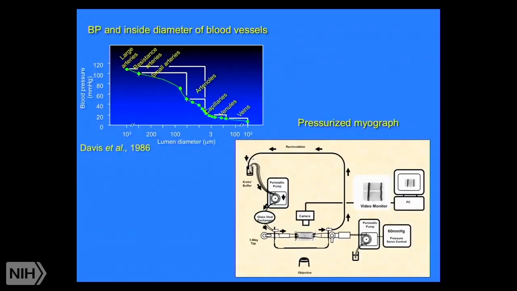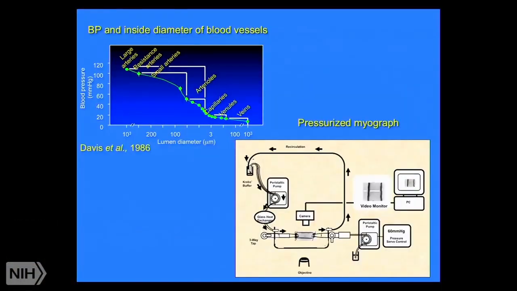What I'm going to be discussing today is this segment of the circulation, small arteries that are vessels between 100 and 300 microns in lumen diameter that participate in generating peripheral resistance and are therefore part of what we call resistance arteries that also comprise arterioles that are smaller than 100 microns in lumen diameter.